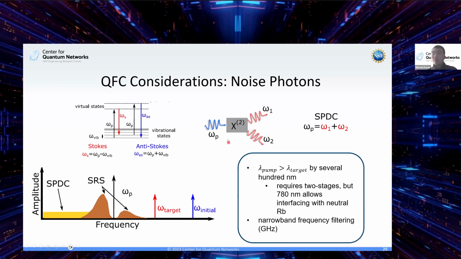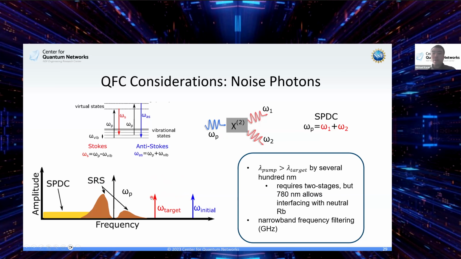Some considerations when setting up QFC systems is that you want to eliminate noise photons, and two main sources of noise come from spontaneous parametric down conversion, where you have pump photons that spontaneously decay to two photons of complementary but random wavelengths.